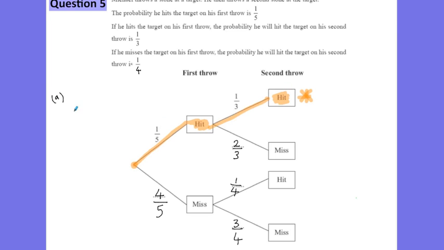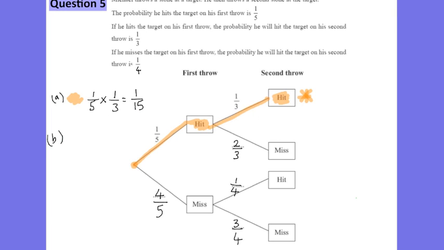This is hit on both throws. When we move through the tree diagram, we must multiply across our branches. There is only one way that he can hit and hit. We calculate the probability, 1 over 15, multiplying through the tree diagram.